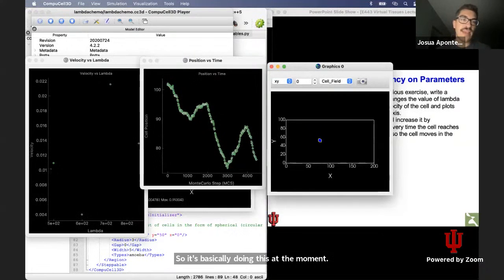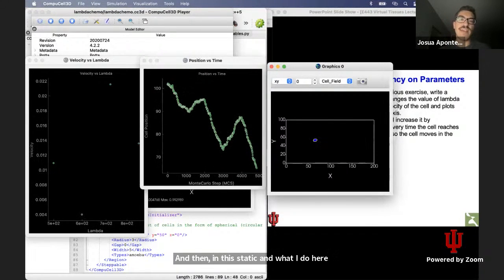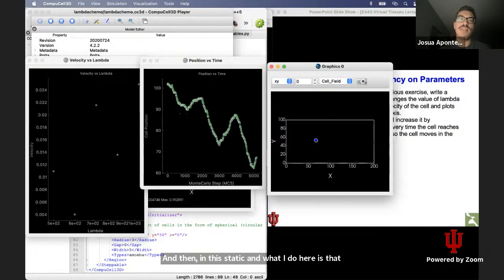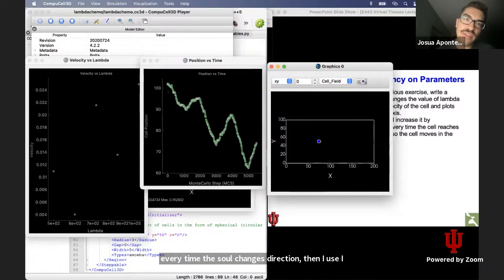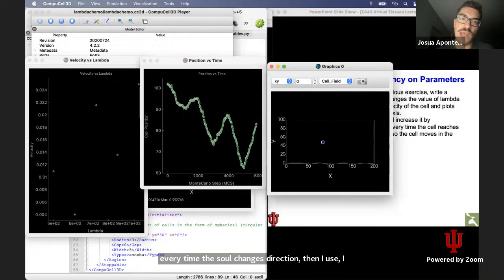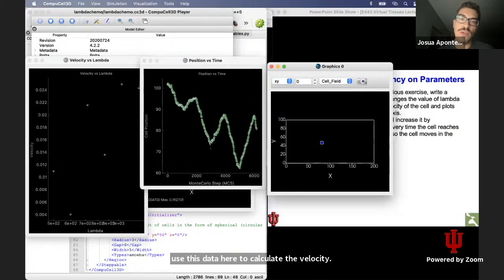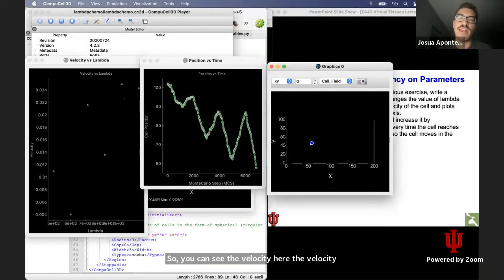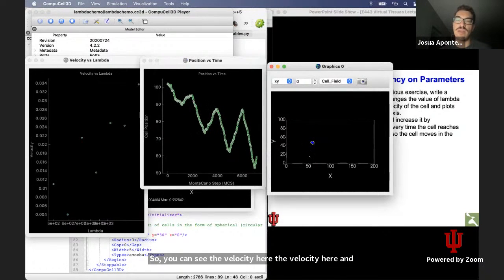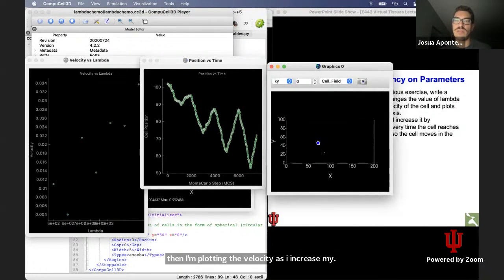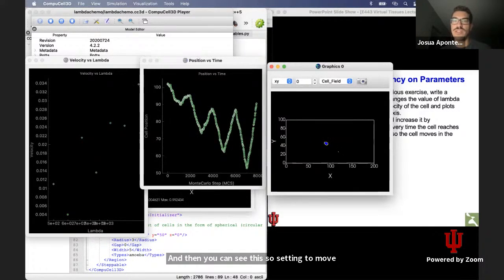And then in this direction, what I do here is that every time the cell changes direction, I use this data here to calculate the velocity. So you can see the velocity here, and then I'm plotting the velocity as I increase my lambda. And then you can see the cell starting to move and change directions.